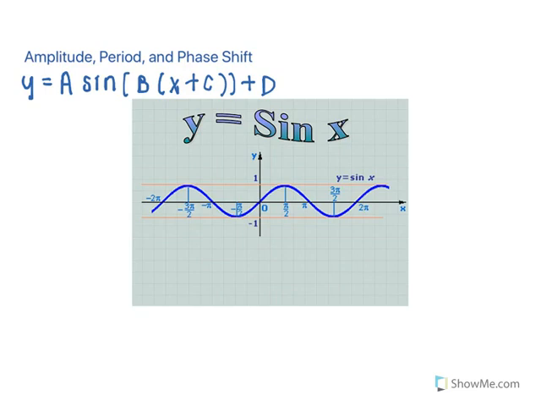Next, for our period, we can see that it is 2 pi. And the reason for that is because the graph has the same point reoccurring at 2 pi. So at 4 pi, if we were to extend this, we would have the same point reoccurring again.